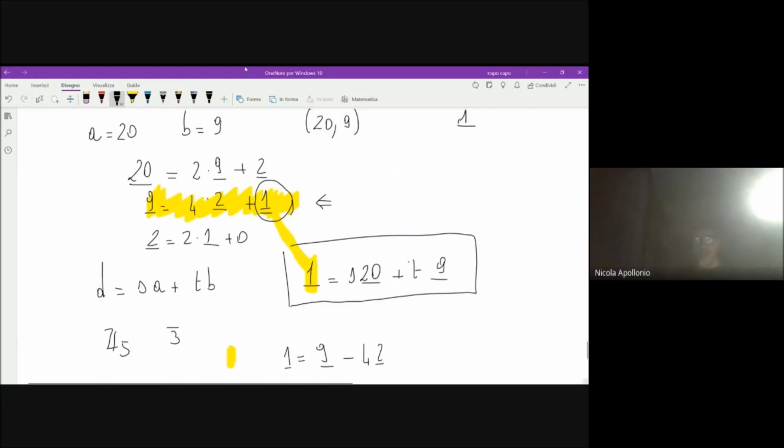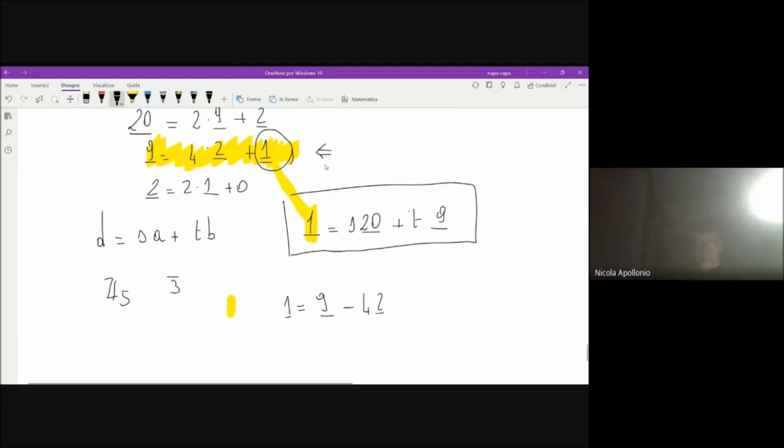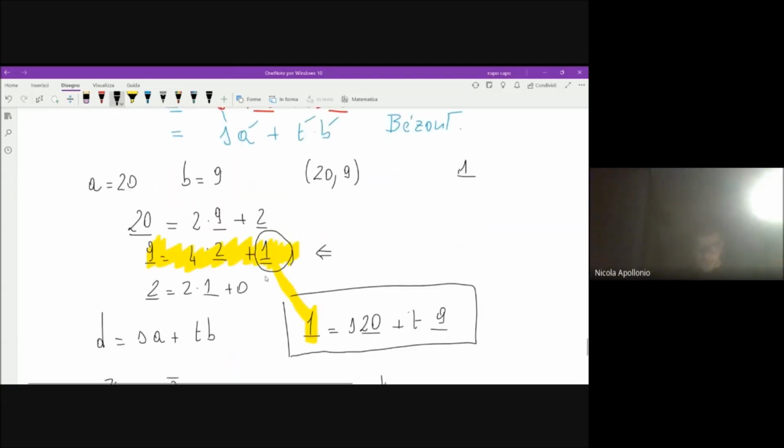Now, 2 is the remainder obtained in the step of the algorithm at the previous step. So you can apply the same strategy, and therefore you can express this 2, just by looking at the row in which it occurs for the first time, which is the row immediately preceding.